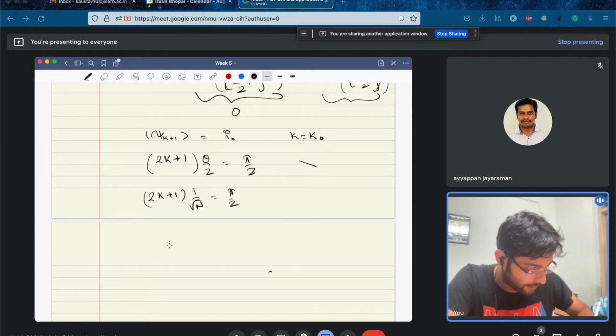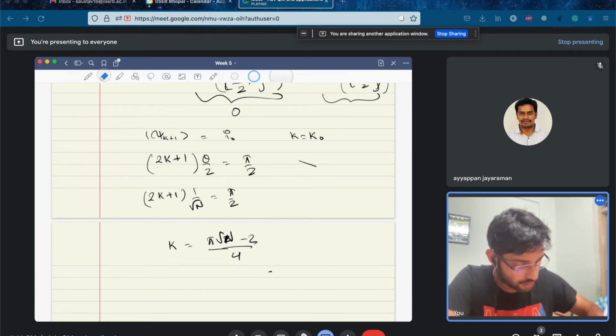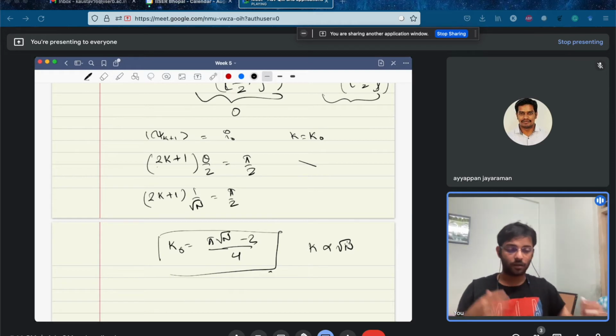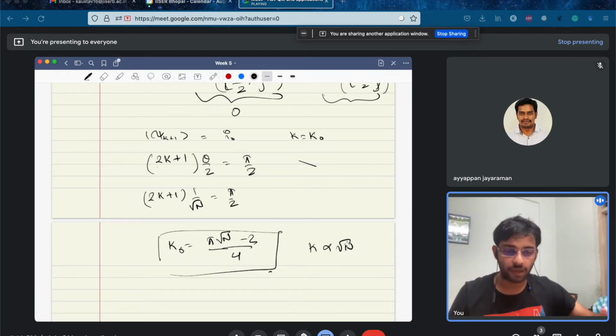So what we get as k is nothing but pi root n by 4, let's say minus 2 by 4. This is root n. So k being proportional to root n was one of the major achievements of quantum information, right?